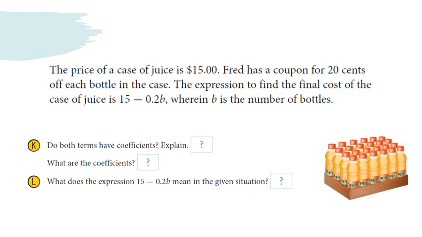Part K. Do both terms have coefficients? Explain. Well, I got 15, and I got that negative 0.2, because I could rewrite this expression as 15 plus negative 2/10 B.